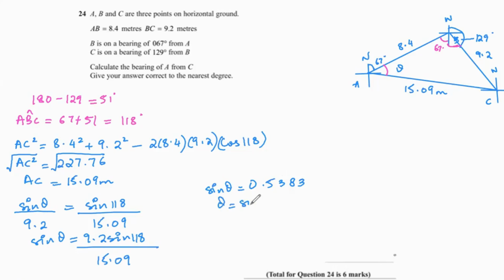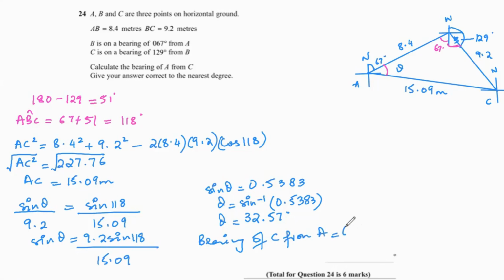And then we take sine inverse of it, which is going to give us 32.57 degrees. So now the bearing of C from A is 67 plus this angle, 32.57, which is 99.57. So this will also be 99.57 because they're alternate angles.